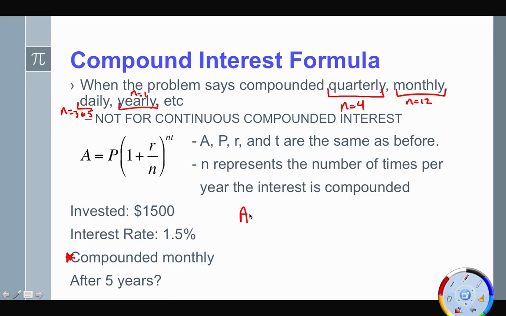So we have A equals the amount you invested, that's your P value, your principal. The 1 is just a 1, plus my rate, 0.015, over the number of times compounded in the year. So that's monthly, so that means n is 12, to the n, which is 12, times the number of years, which is 5.